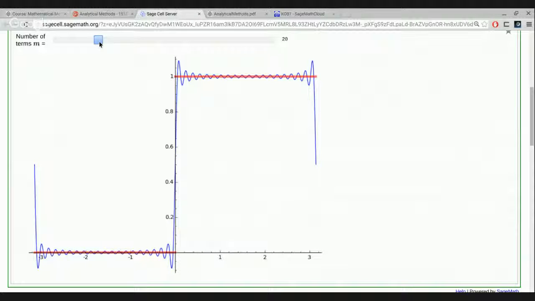If x is a point in the middle of either the positive half of the domain or the negative half, you can see here that you've already got quite good agreement between the partial Fourier series sum and the original function. The blue function is quite close to the original function in the middle of the positive domain and the middle of the negative. But as soon as you get close to 0, the agreement is less good.